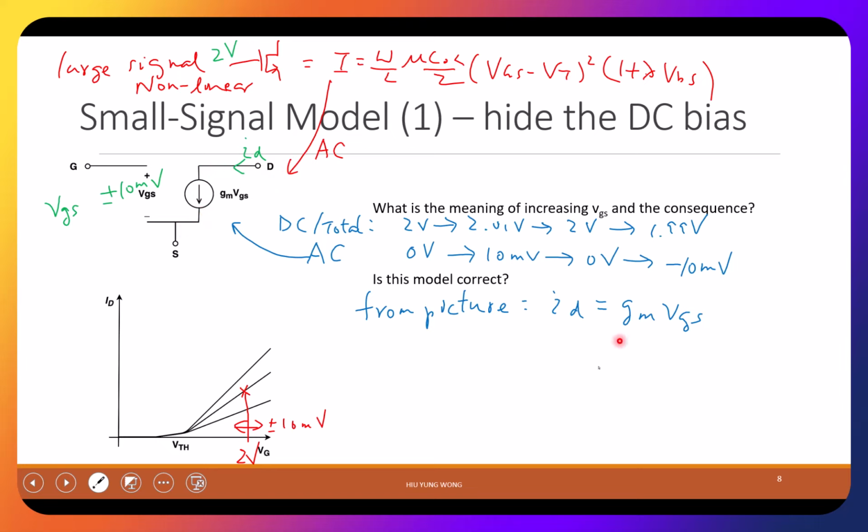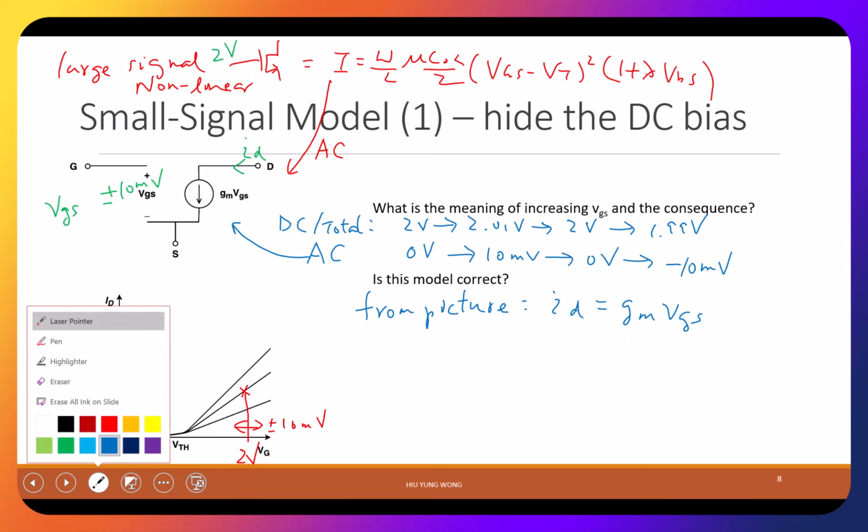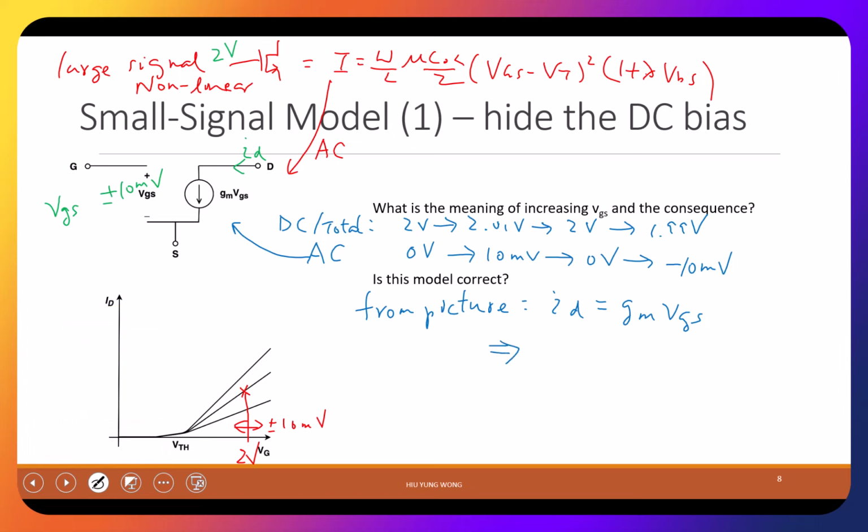This is what you say in this picture: ID equals GM VGS, which means GM equals ID divided by VGS. But remember, this is small signal, which means this is delta ID over delta VGS. And this is just our definition earlier of GM. Make sense?